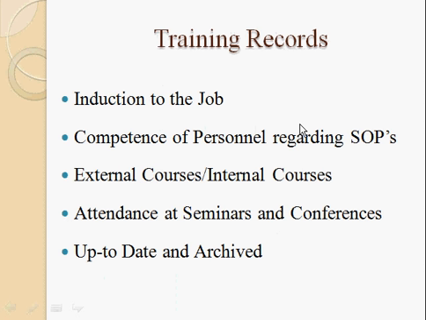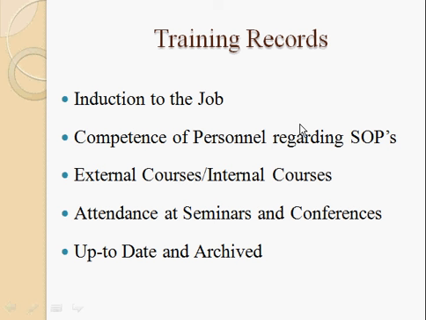So most importantly, what GLP inspectors will look into is your training records. When somebody joins any organization, one has to undergo an induction training program. Induction to the job is very important for all those who are in the organization. It should be filed in the CV file. Competence of personnel regarding SOPs: there should be three types of training.